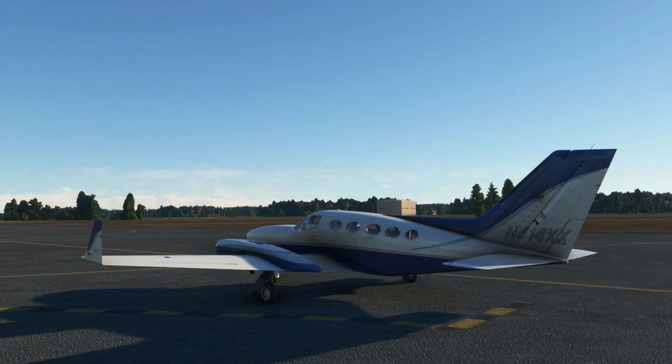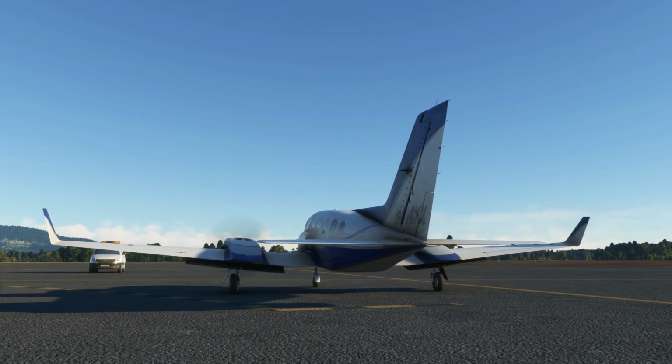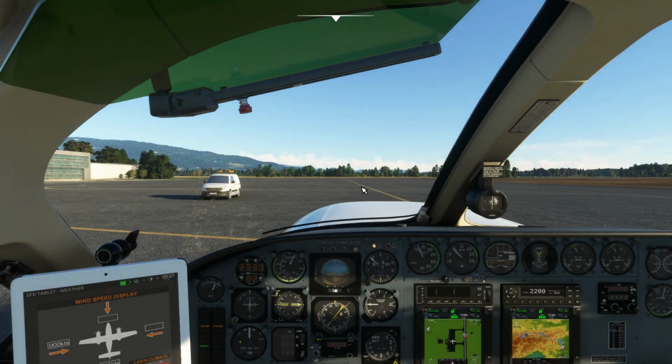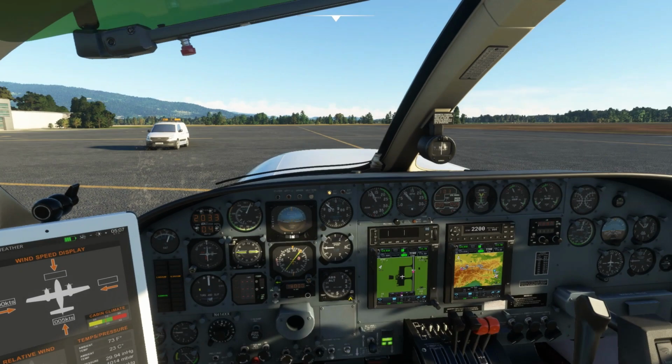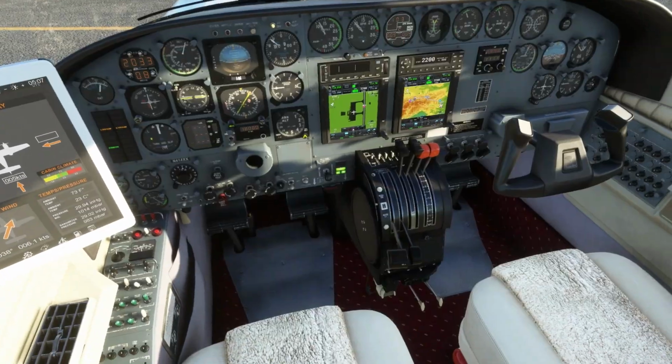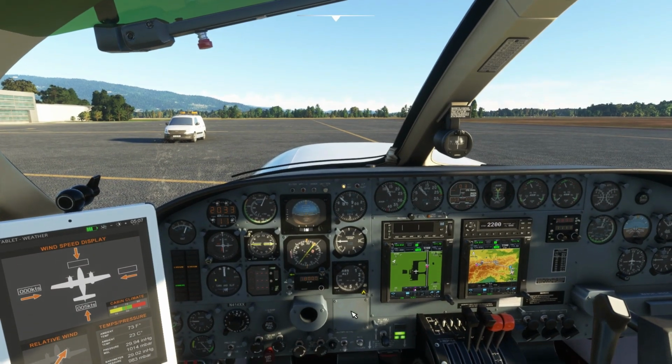Okay, let's use a bit of flaps, even though usually there is no point in using flaps, but let's do it for now. And let's taxi to the entrance of the runway, as I said, going straight and then coming here and stopping here to do the engine run-up.